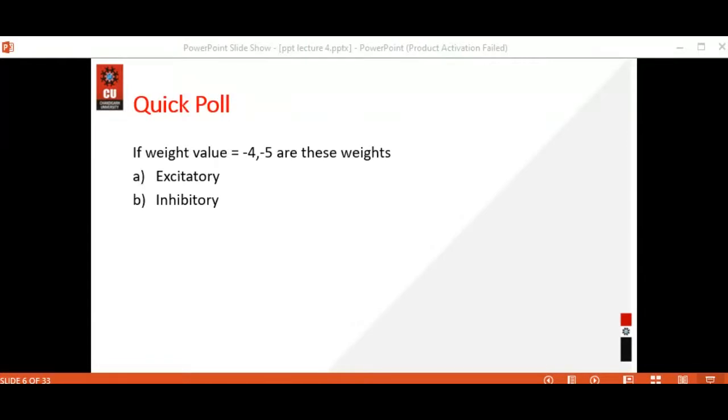Shubham Kumar, no response. Suraj, no response. 14 are still left for the responses. Anurag, Dipankar, Kartikeya.